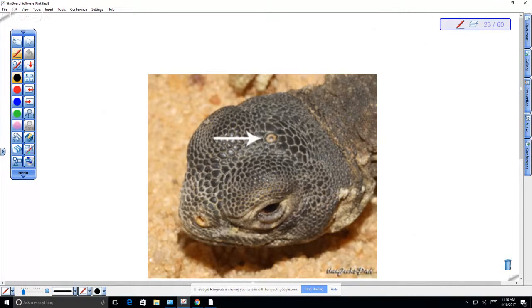But if we look at some more primitive or maybe more ancestral organisms, like reptiles, they have a third eye. And this is a transparent scale that transmits light into the pineal gland.